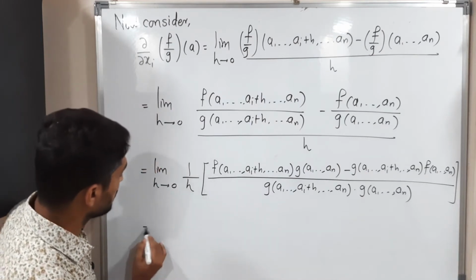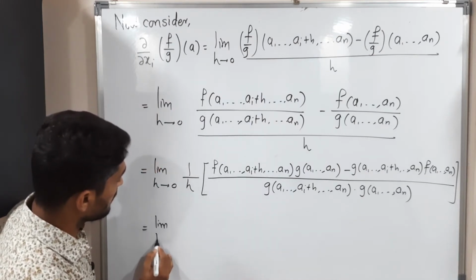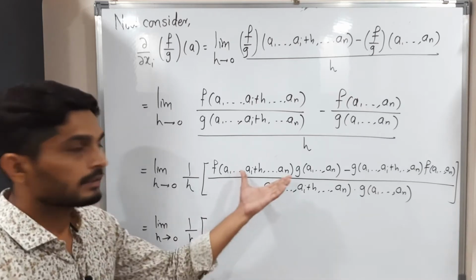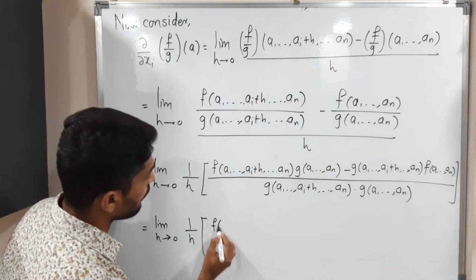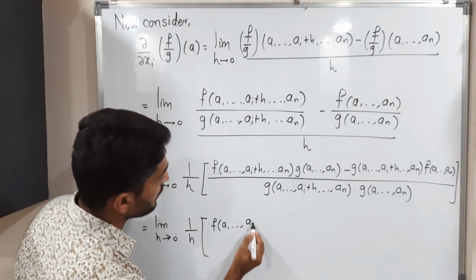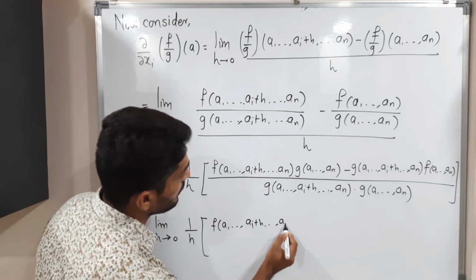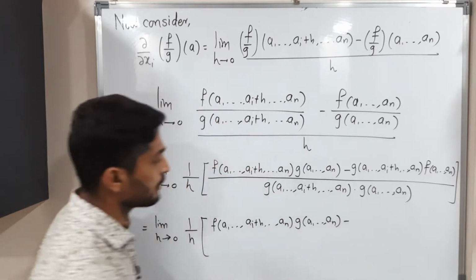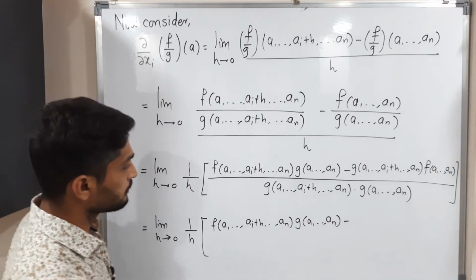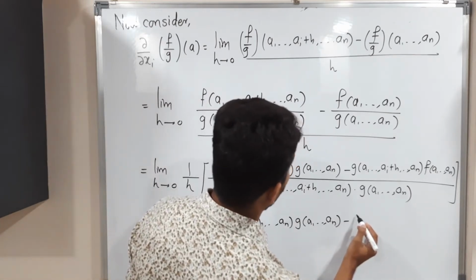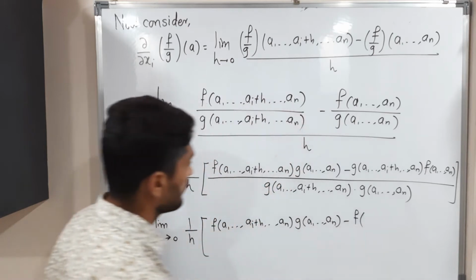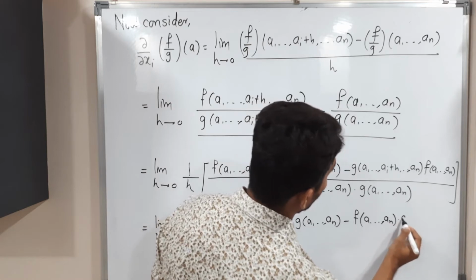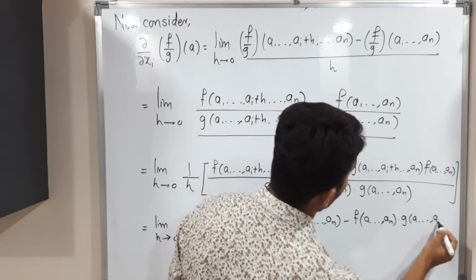So I will do limit h tends to 0. First of all I will copy this 1 by h here. I will write the first term as it is, f(a1, a2, and so on, ai plus h, and so on, an) into g(a1, a2, and so on, an). Now I'm going to subtract f(a1, a2, and so on, an) into g(a1, a2, and so on, an).